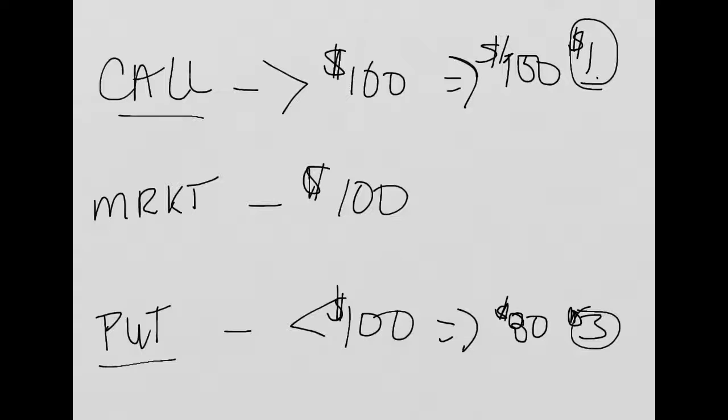So this is the money we collect at the minute we sell it. We collect $1 plus $3, we get $4. All we have to do is make sure that the market doesn't trade above 150 or below $80 on options expiration date.